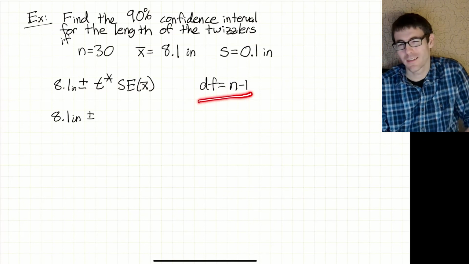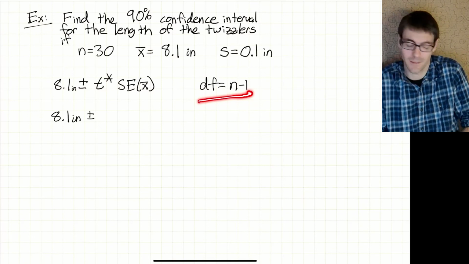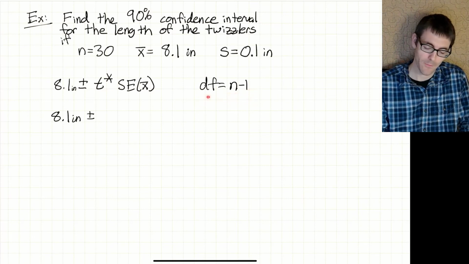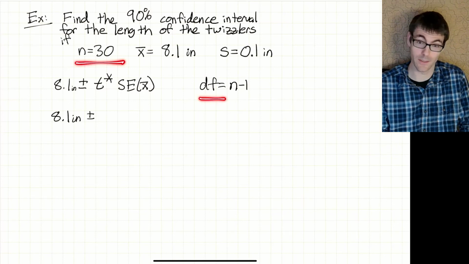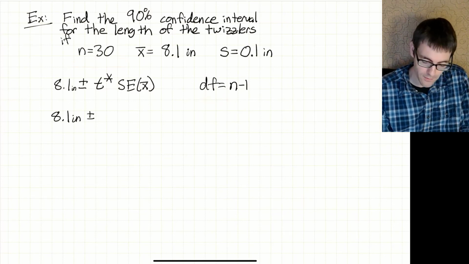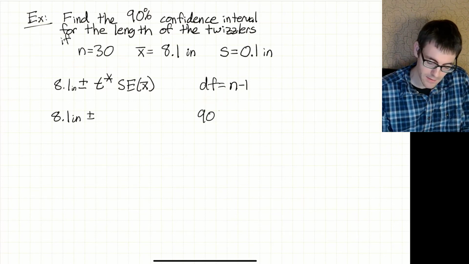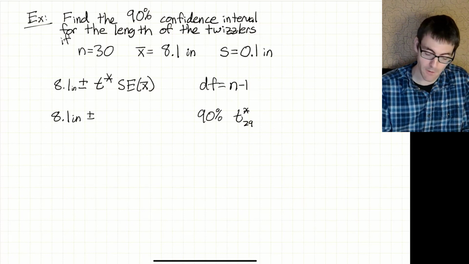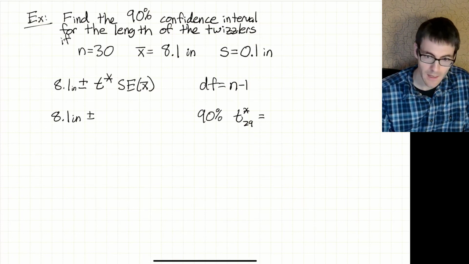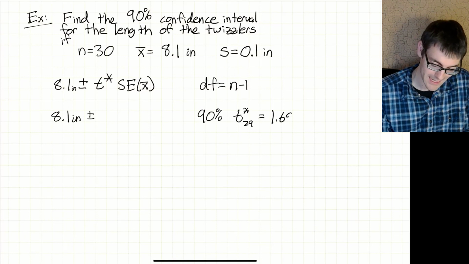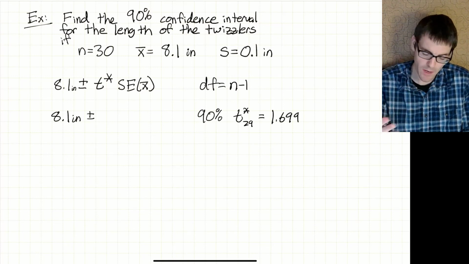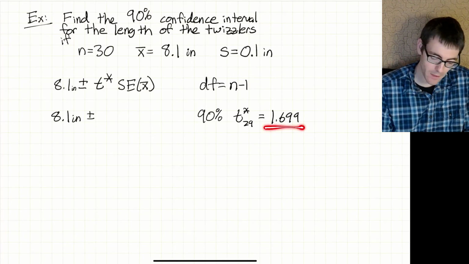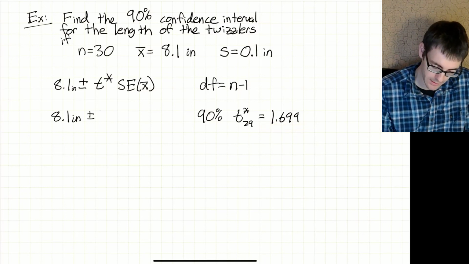For our purposes, this is mostly just sort of an inconvenience. We have to translate from the sample size to the degrees of freedom. But for the 90% confidence level, t star, or the 29 degrees of freedom version of t star, I believe is 1.699.